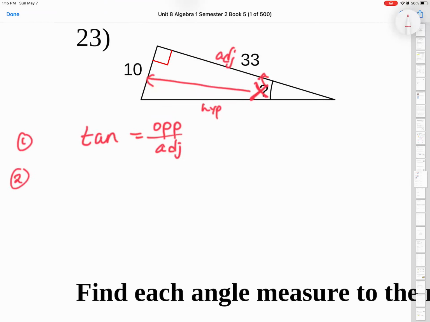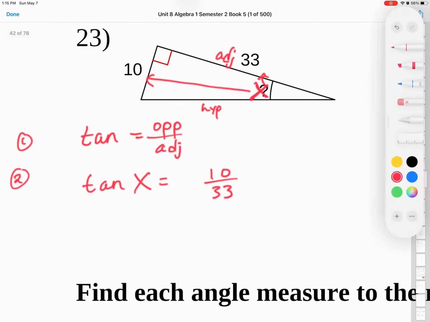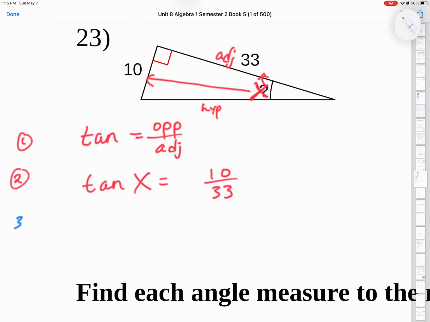Step two, we're going to create our equation. So we have the tangent of some unknown angle that we don't know equals our opposite, which is 10, over 33, which is our adjacent. Now, step three is going to kick in. We got to solve. So we're going to take the tangent inverse of both sides.